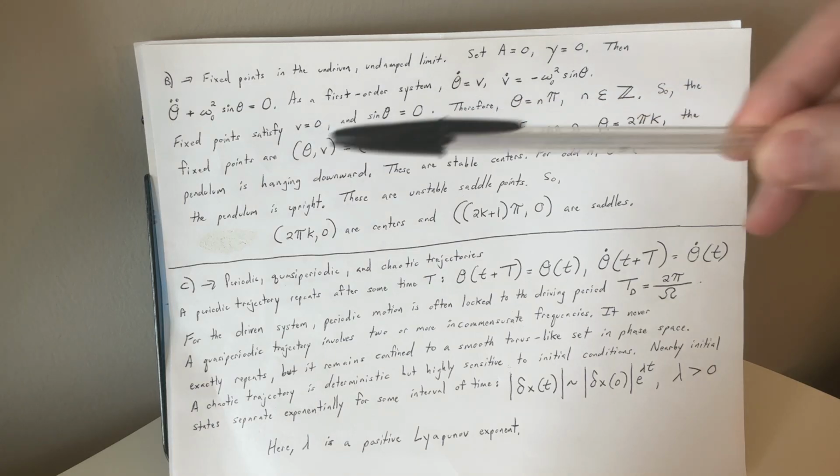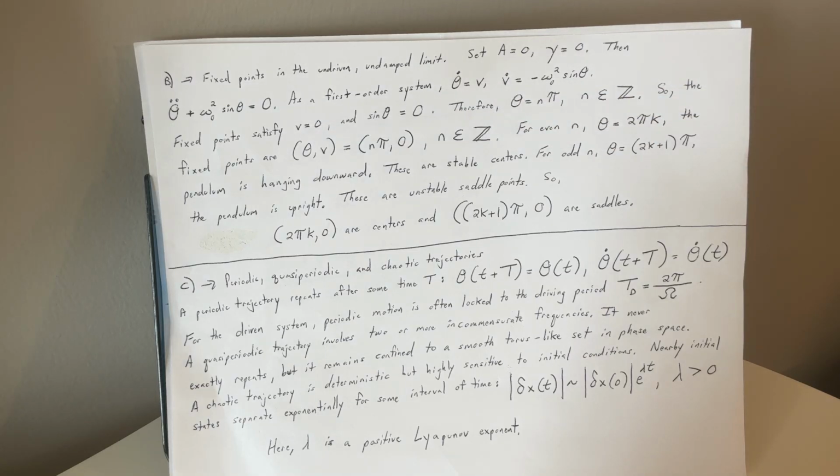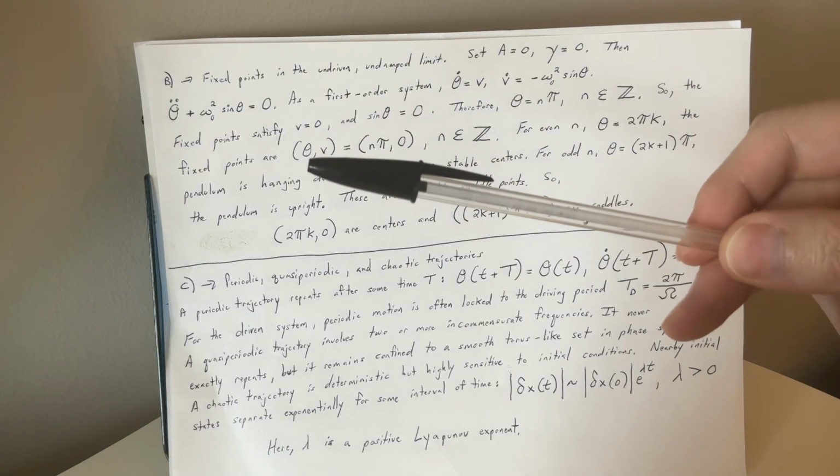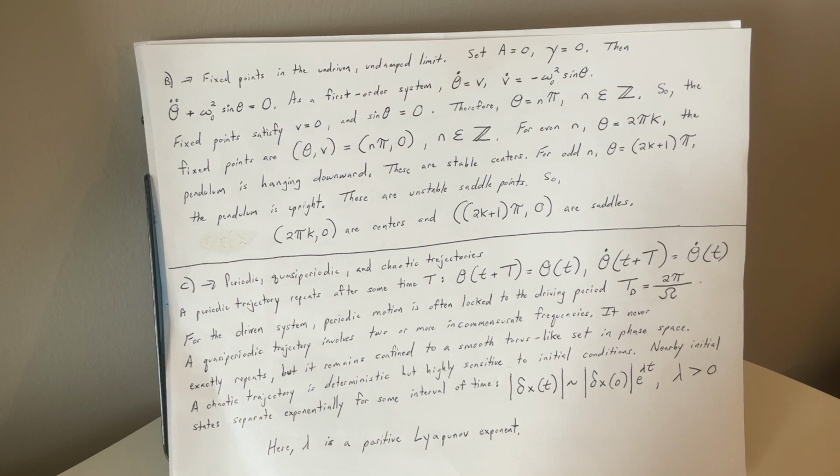Our fixed points satisfy v equals 0 and sine of theta equals 0. Therefore, theta equals n pi, and n belongs to the integers. So the fixed points are theta, v equals n pi, 0, again where n belongs to the integers.